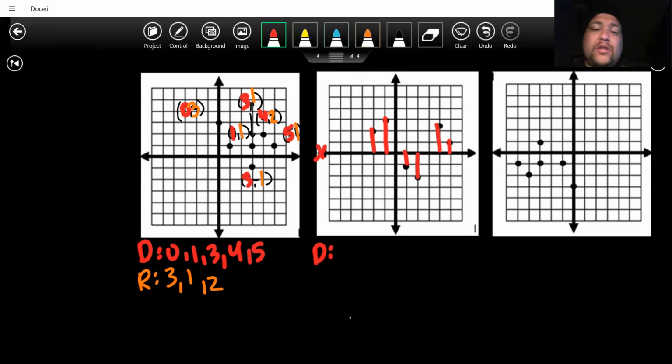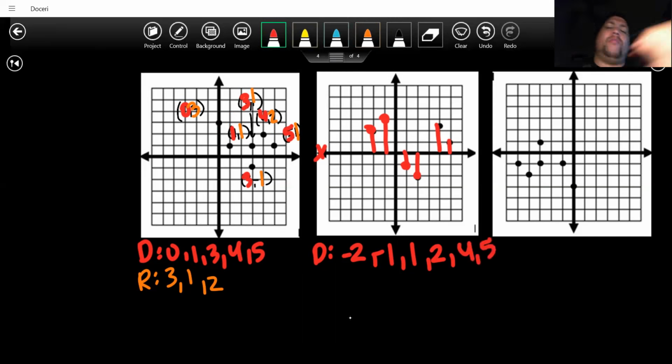And that first to the far left, we're getting negative 2, which is here, negative 1, which is here, 1, which is there, 2, and then 4 and 5.